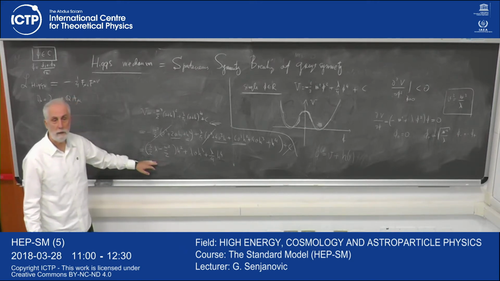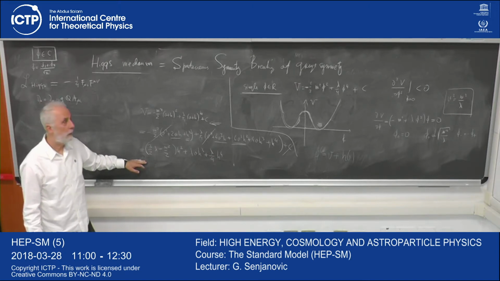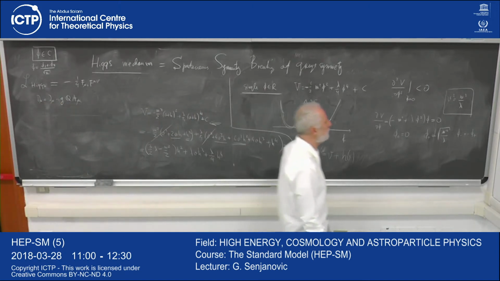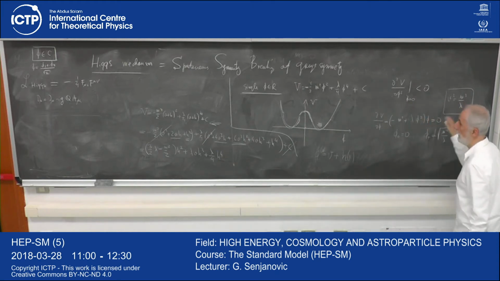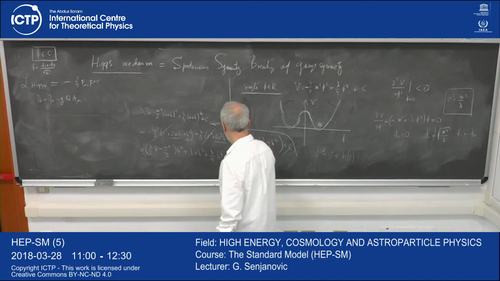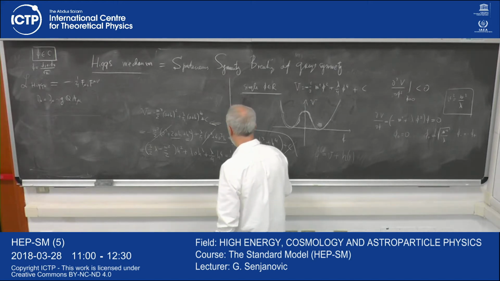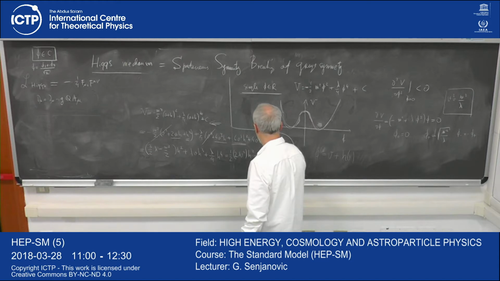Notice that this is positive. Use this, and you will see that this is equal to one half times 2 lambda v squared h squared, plus lambda v h cubed, plus lambda over 4 h to the fourth.